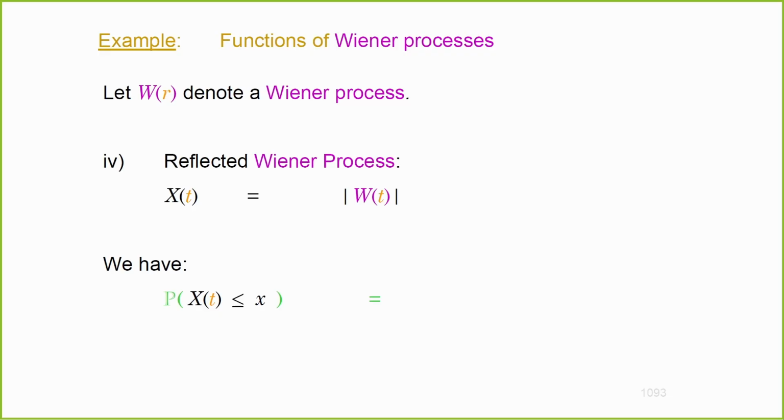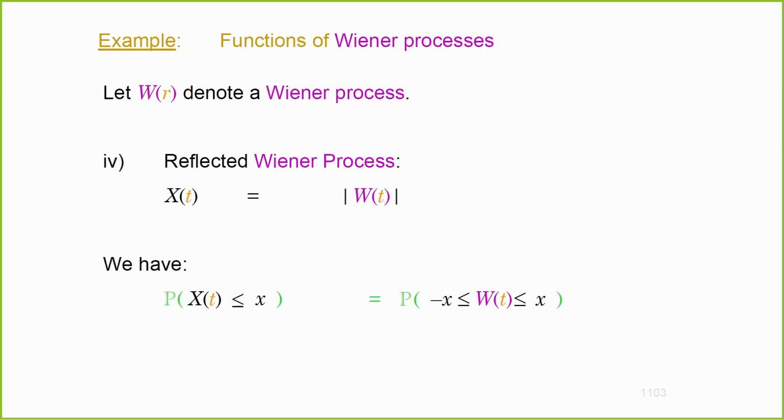Now, the absolute value is less than small x if and only if the process itself, and I'm talking about the Wiener process, is between minus x and x. That's pretty much it. If a number has an absolute value which is less than 4, then the number must be between -4 and 4.